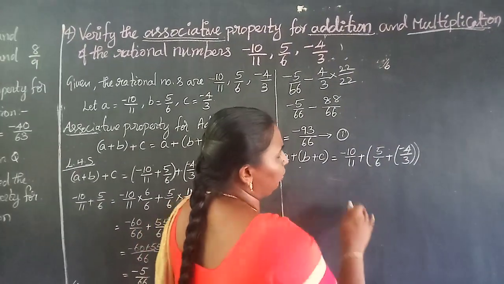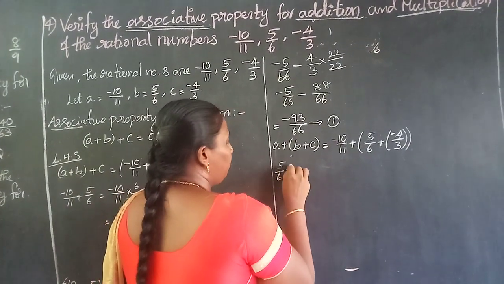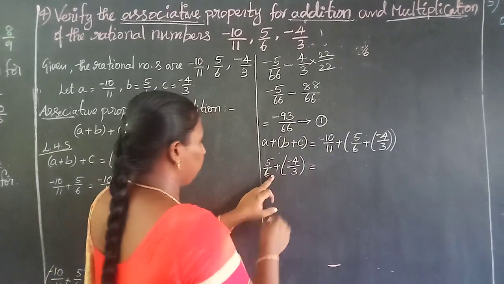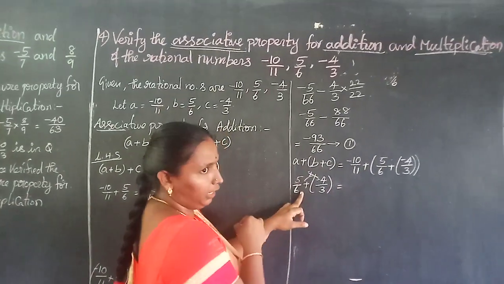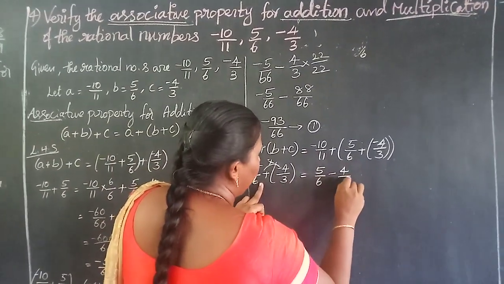First you have to solve the brackets. Take out 5 by 6 plus into minus 4 by 3: plus into minus gives minus. So 5 by 6 minus 4 by 3.